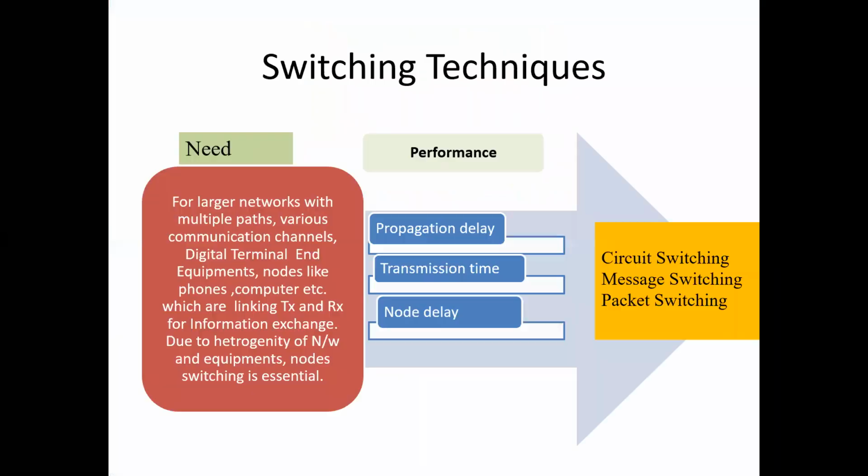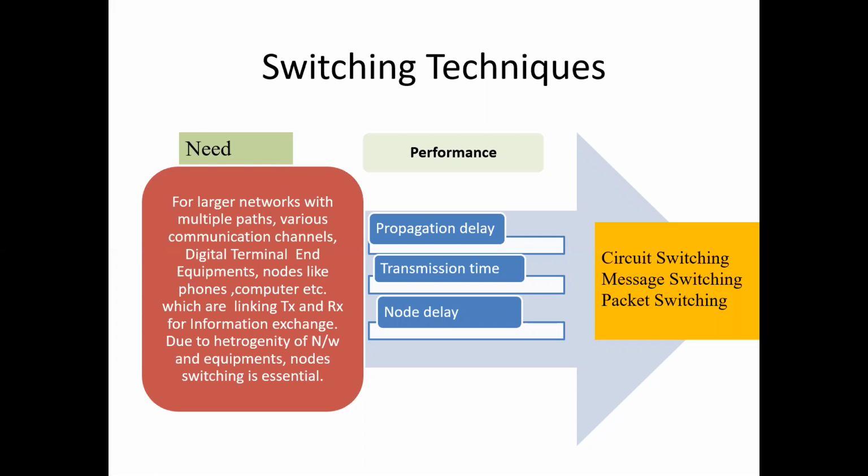Let us start the session. First of all, we will see the need of switching. For a larger network, we require to connect the two devices, transmitter and receiver, for the sole purpose of information exchange. Then we have heterogeneous networks, having digital terminal equipments.